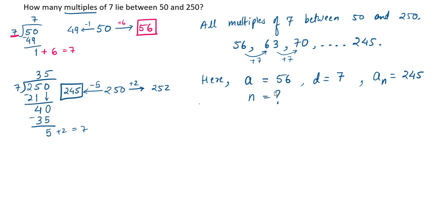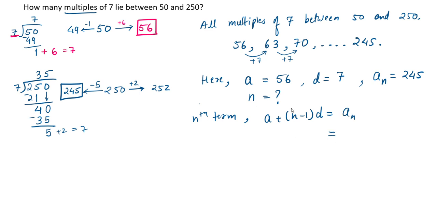And if you notice, all of these variables are in the formula of the nth term. The nth term is given by a plus n minus 1 times d, which is an.